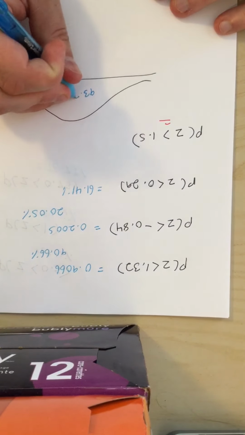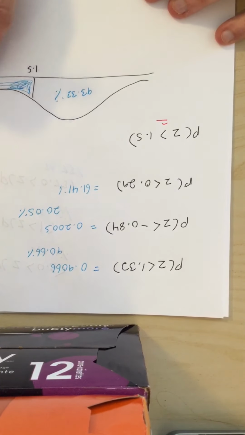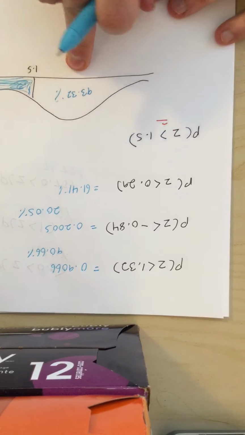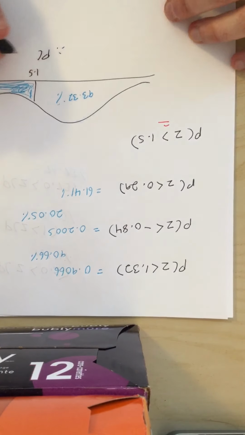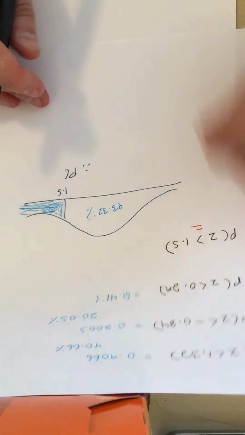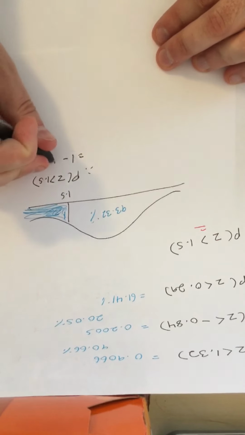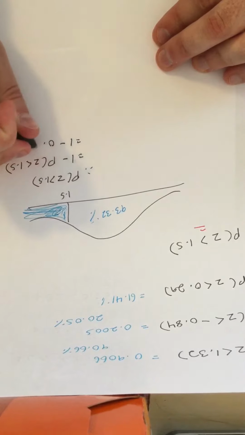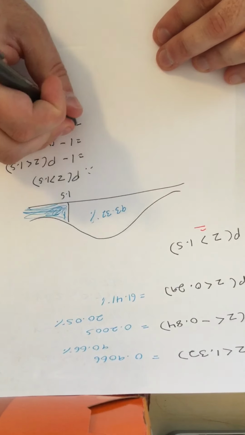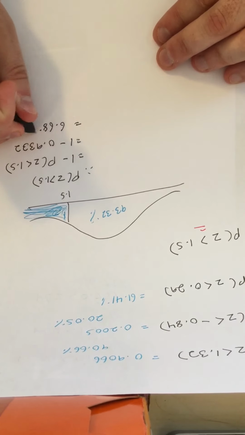But I want the probability of being in here. The whole probability is 100%, so the probability that z is bigger than 1.5 is 1 minus the probability that z is less than 1.5, which is 1 minus 0.9332, which is 6.68%.